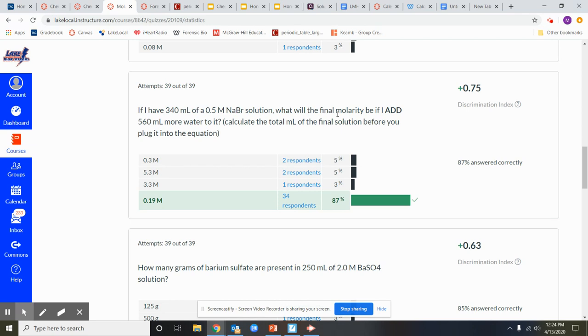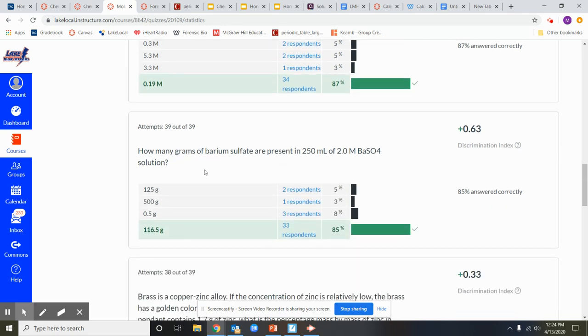When you rearrange your equation, 0.5 times 340, that left-hand side is 170, and then you divide by 900. 170 divided by 900 gives you 0.19 molar. For this next equation, same thing, it's molarity, moles and liters.